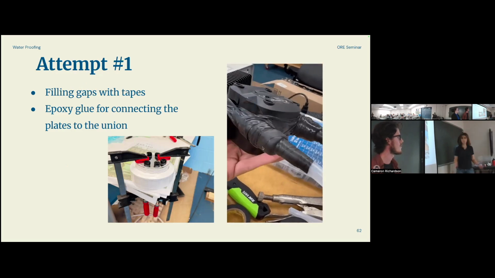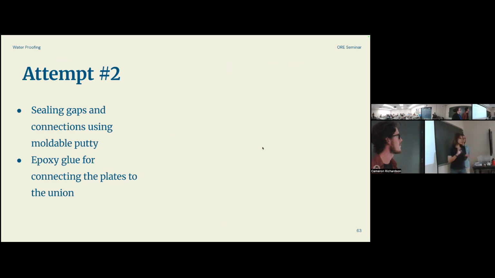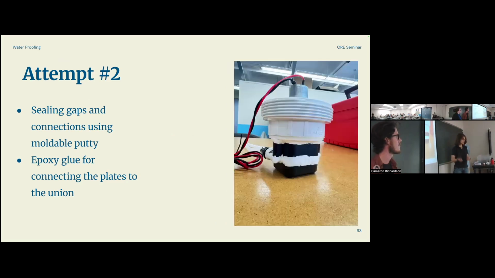There was leakage. And for the second attempt, we replaced the tapes with the plumber's putty, the removable one. But this time, we sealed all gaps on the pump housing, and in addition to this, we sealed the connection between the pump housing and the plate, and again put it into the water.